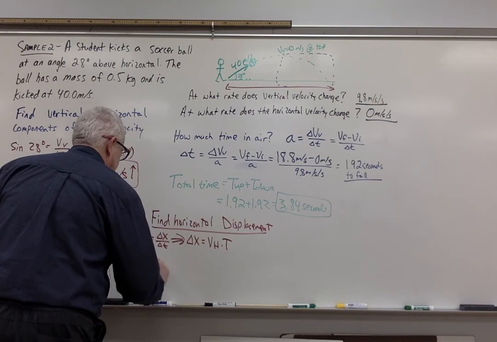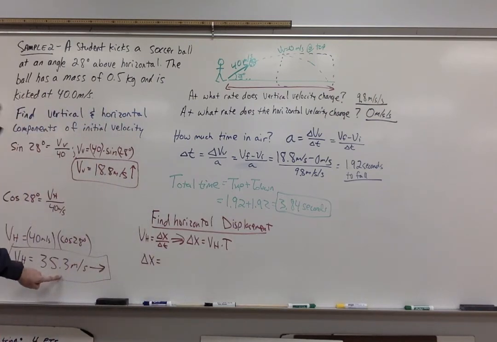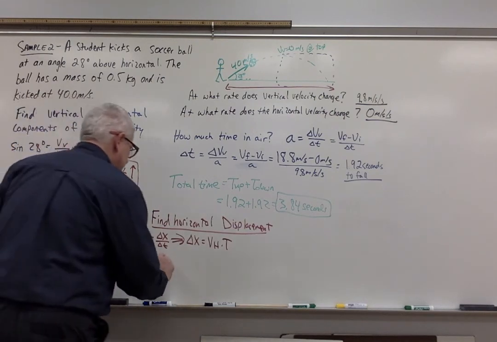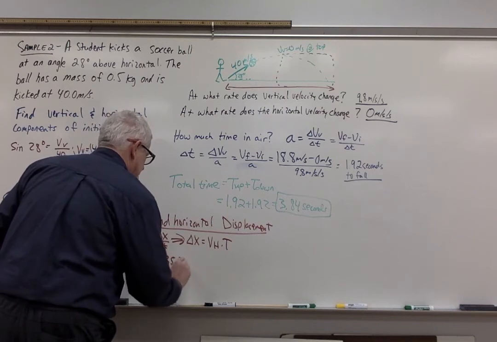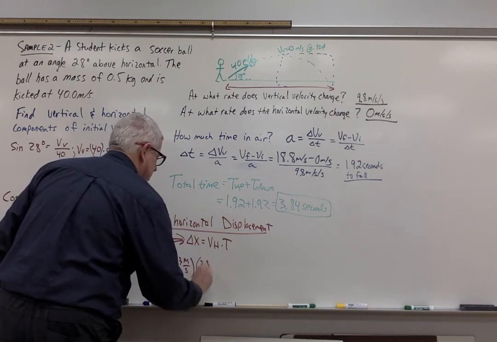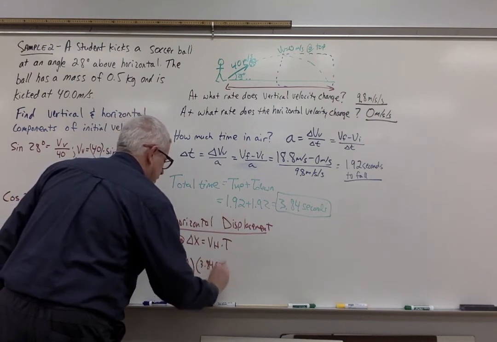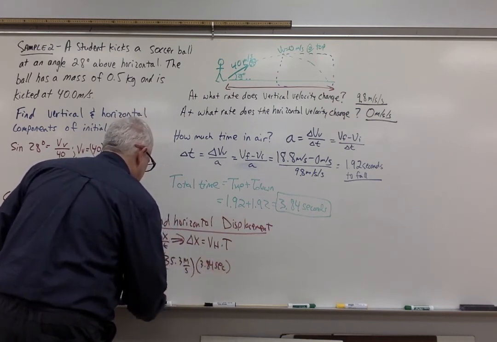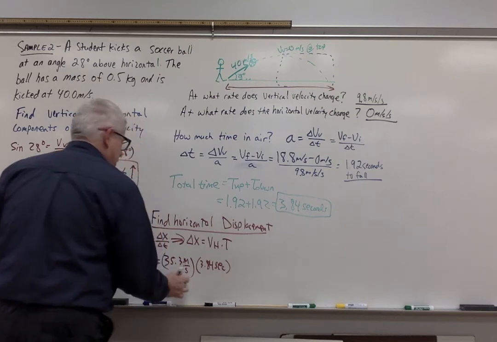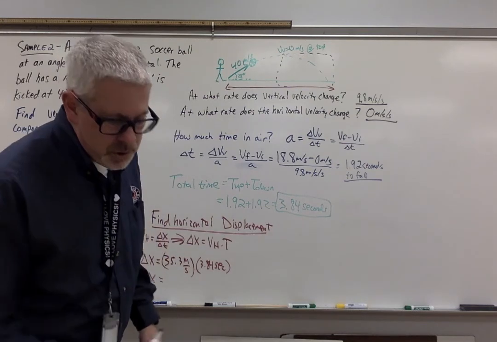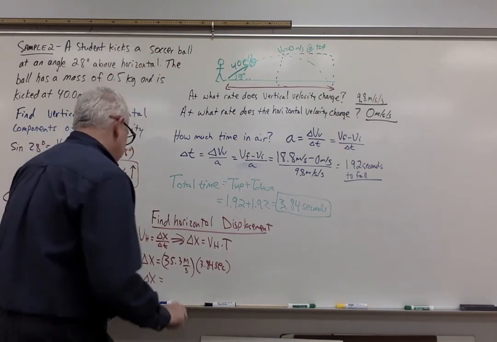So delta x is equal to this horizontal velocity, 35.3 meters per second, times 3.84 seconds, should be somewhere around 140-ish, and it's 136 meters.